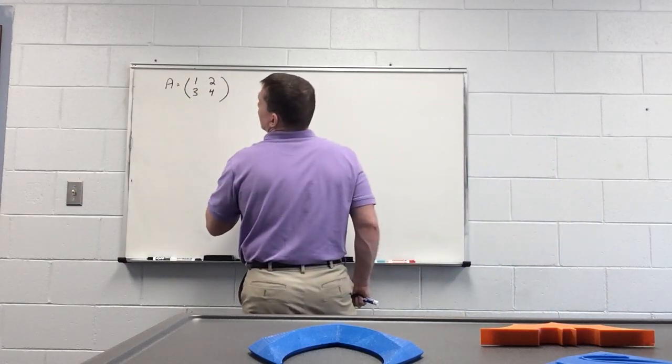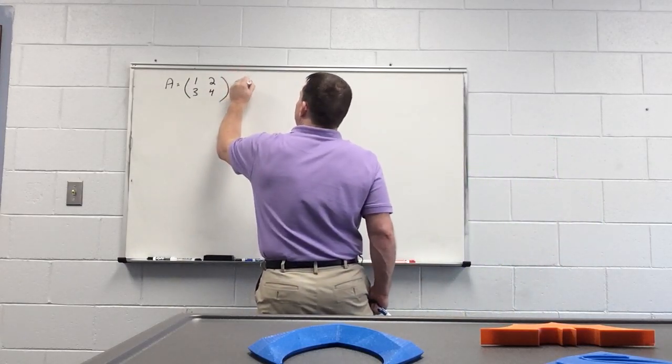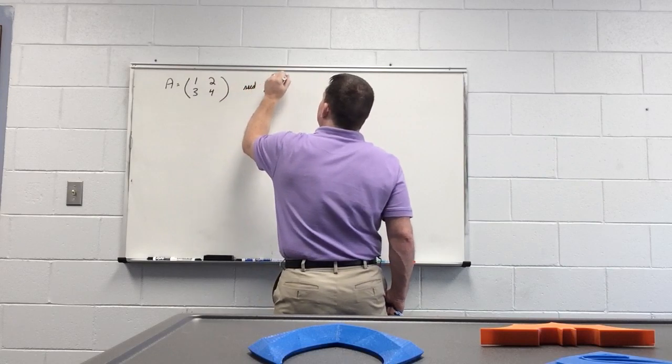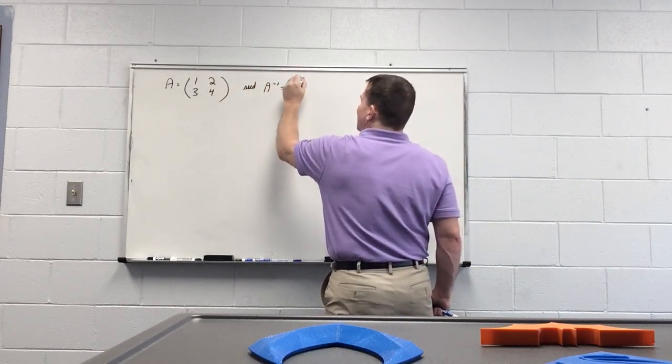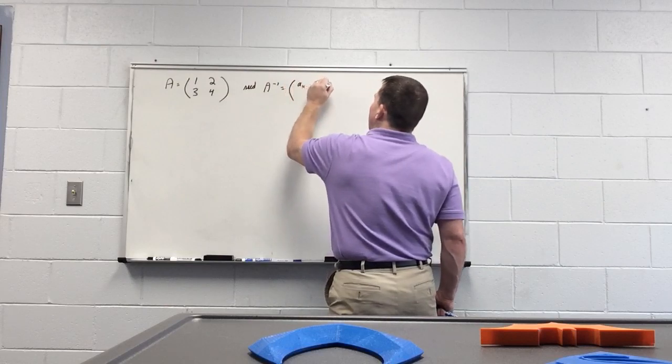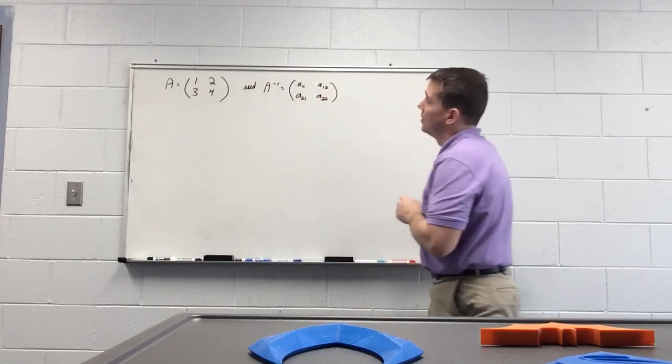Well, let's see. That means I need some A inverse. It's got to be a square matrix, so it's going to be a 2 by 2. So A11, A12, A21, A22.